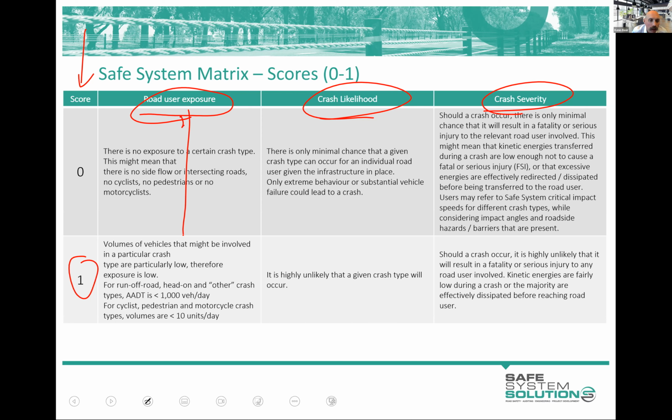Therefore, exposure is low. For run-off road, head-on, and other crash types, AADT is less than 1,000 vehicles a day. For cyclists, pedestrians, motorcycle crash types, volumes are less than 10 units per day. Okay, so we've established that we've got 4,000 vehicles a day, so it doesn't fit into this category.